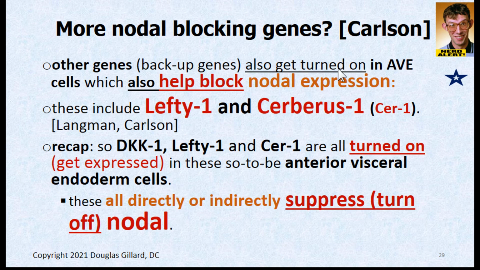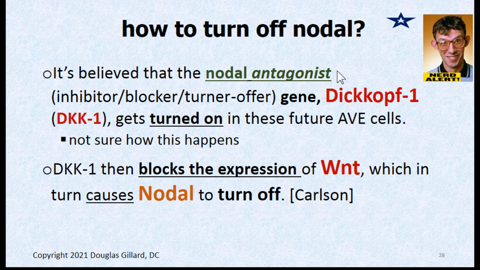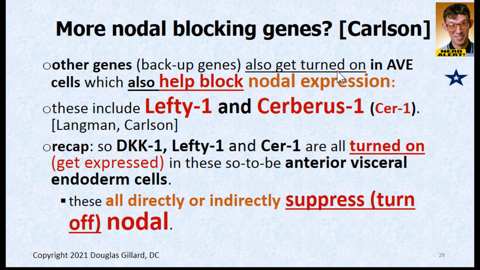This is such an important event, blocking that nodal gene, that there are some helpers. In case you have a mutation in the DDK1 gene, there are some backup genes. There's like gangsters. Lefty 1 and Cerebrus 1 sound like gangsters to me.